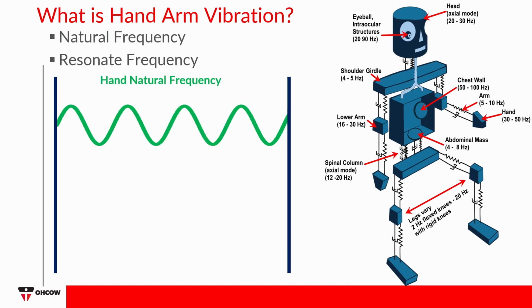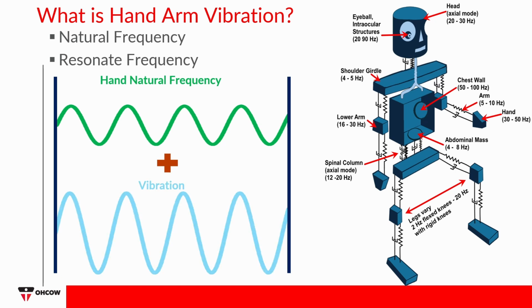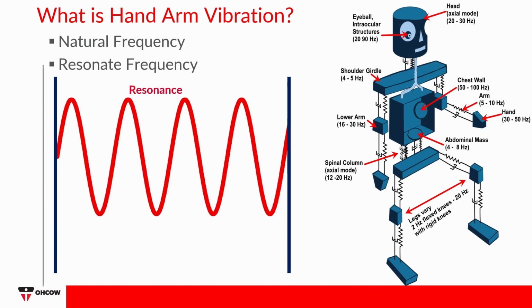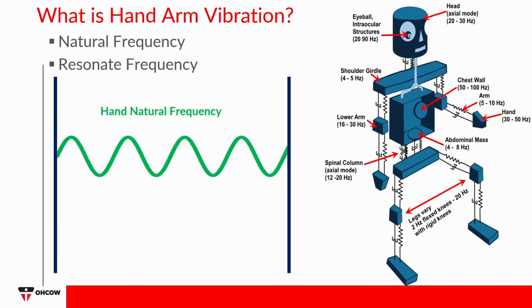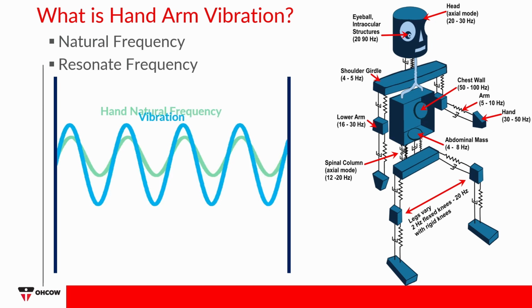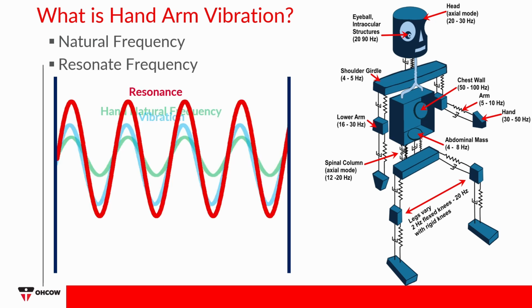When a vibrating tool or surface operates at a frequency that matches the natural frequency of the hand or arm, this creates a resonance condition. In this state, maximum energy is transferred to the body, greatly amplifying vibration and increasing the likelihood of damage. Resonance occurs when the excitation frequency, from a tool or machine, coincides with the natural frequency of the human body part or structure.